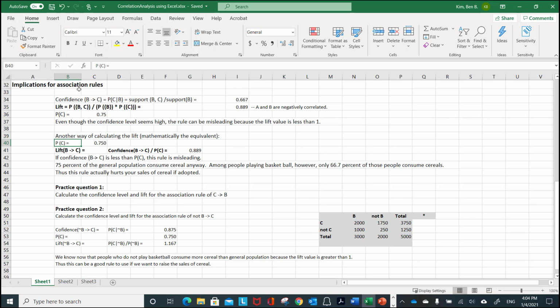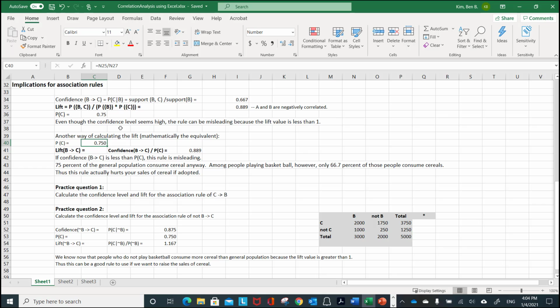But without any information like playing basketball, the general population eating cereal, P(C), that is 3,750 divided by the total, that's 75%. You see that? So 3750 over 5,000. So without doing anything, the general population has cereal about 75% of the time.